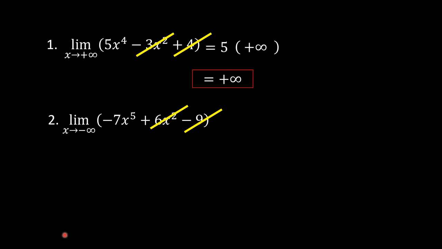The limit of negative 7 as x approaches negative infinity is negative 7. And the limit of x raised to the exponent of 5 as x approaches negative infinity is negative infinity because 5 is an odd number. Negative times negative is positive. So the answer is positive infinity.